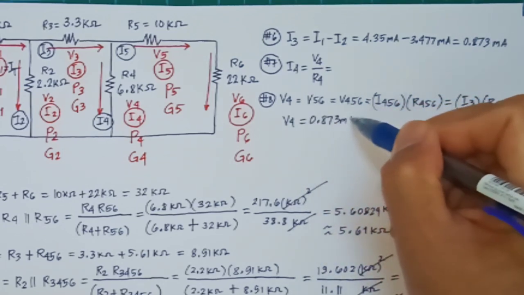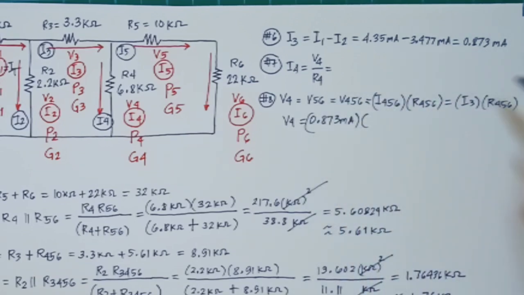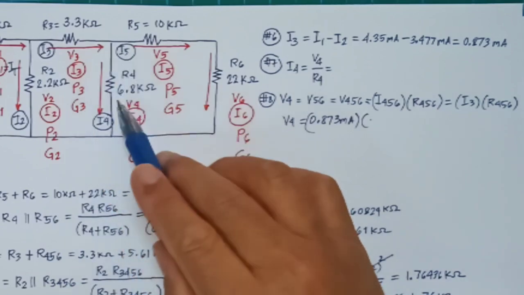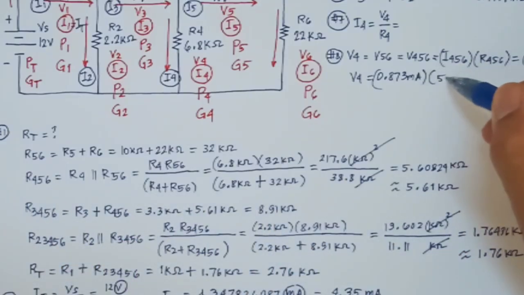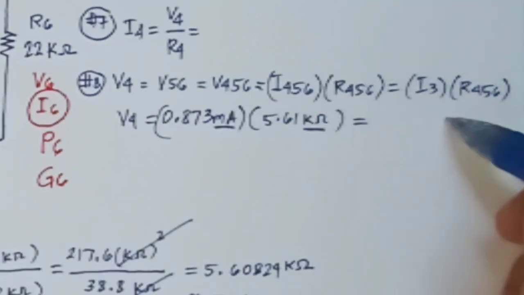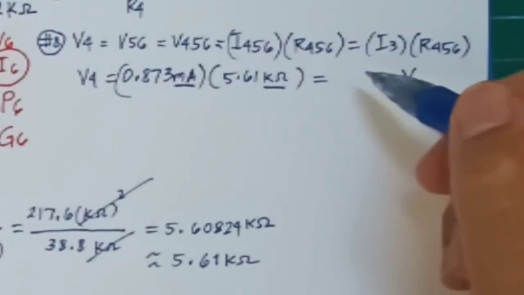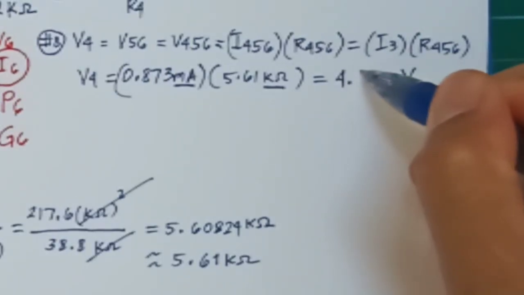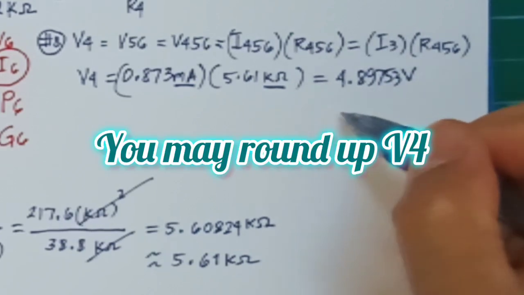So if you multiply I3, which is 0.873 milliamperes, by R456, which has been calculated before as 5.61 kilo ohms, then we will get the value of V4. But don't forget, milliamperes multiplied by kilo ohms is equal to volts. The answer for the multiplication would be 4.89753 volts.